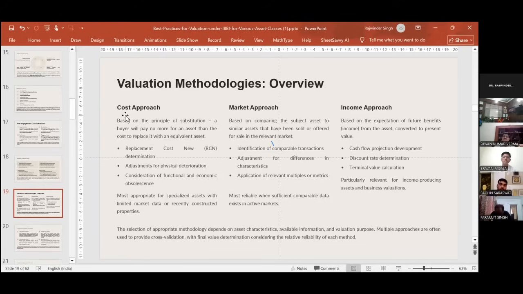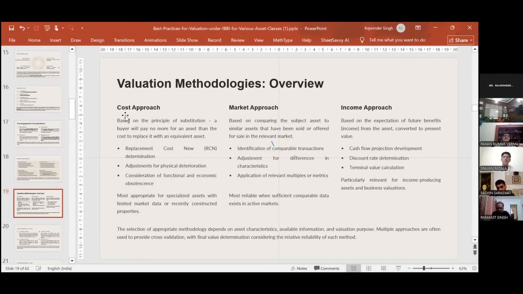And the third method, which is generally used for income fetching property, is the income approach. This approach is based upon the expectations of future benefits from the asset, and those future benefits are converted into the present value. So there are certain steps.